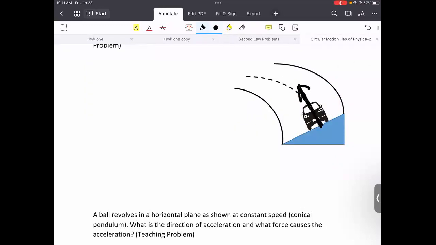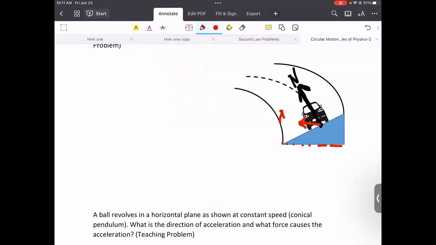Okay, so that's the normal force. Now, the horizontal component of this will be as follows. So I'm going to use a red marker. This will be a horizontal component. It has to be horizontal to the surface here. So that's horizontal.